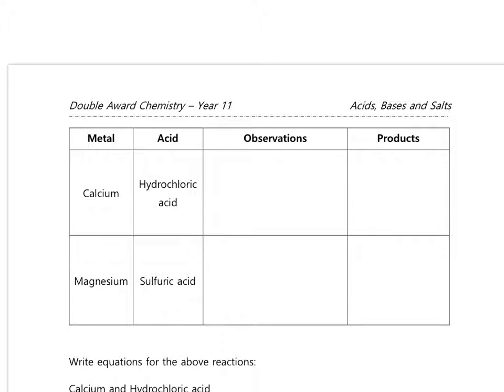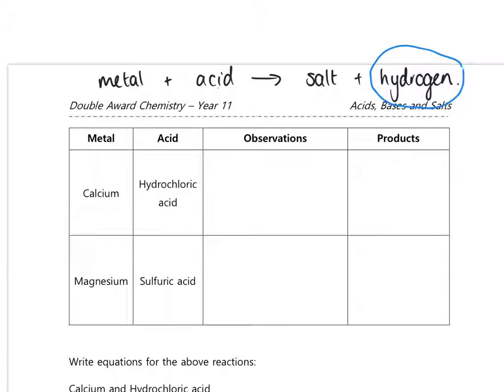So when we're thinking of our observations, yes, you should be familiar with these observations, but it's also helpful to keep the general equation in mind. So we've got a metal plus an acid reacting to give us a salt plus hydrogen. So this gives us a clue for our observations, that we're producing hydrogen.